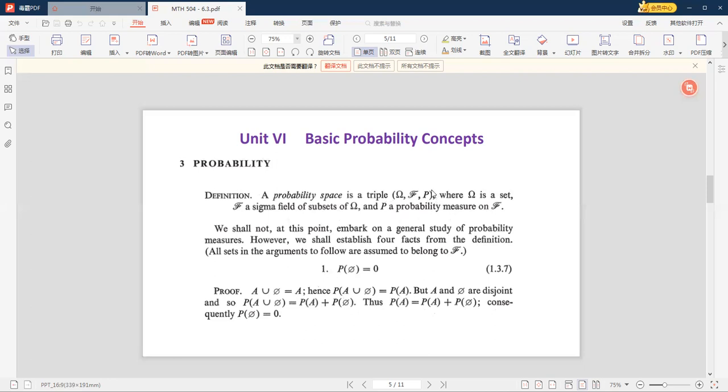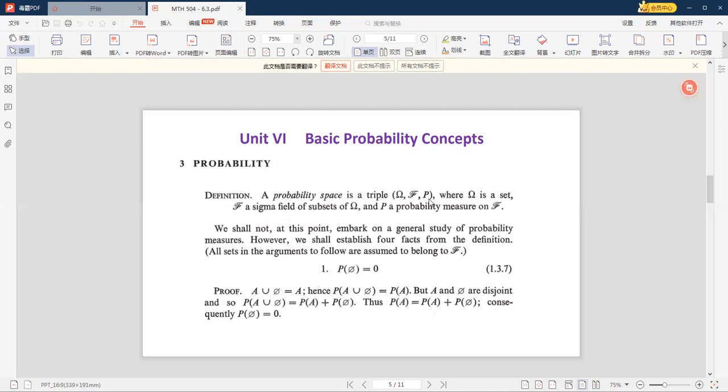So we can build a probability space on the event space. The sigma algebra or sigma field for the subsets of this sample space, and then the function defined on this field, the subsets of omega, is called the probability space.